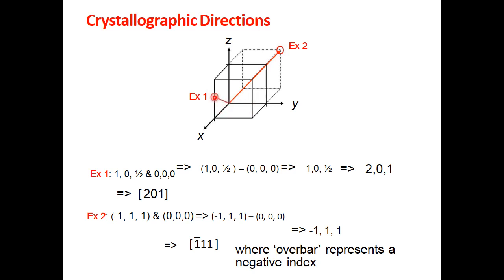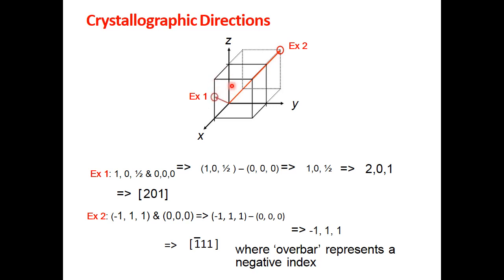Along this direction the point has got no displacement, it lies in the xz plane, no displacement along y axis, so it will be 0, and the last one is half along z axis, right?